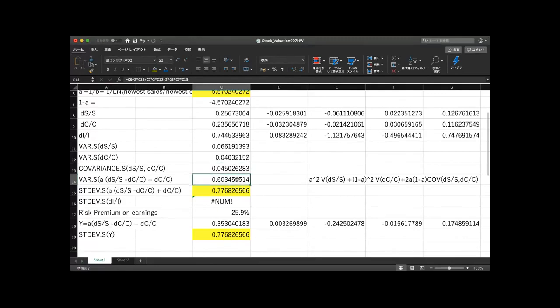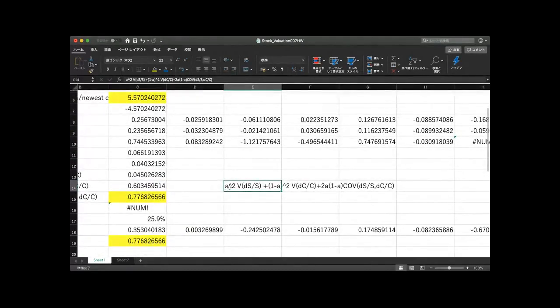And then the variance of these two mixed terms would be this calculation: A squared times the variance of sales growth, plus (1 minus A) squared times the variance of cost growth rate, plus 2 times A times (1 minus A) times the covariance between the sales growth rate and the cost growth rate.